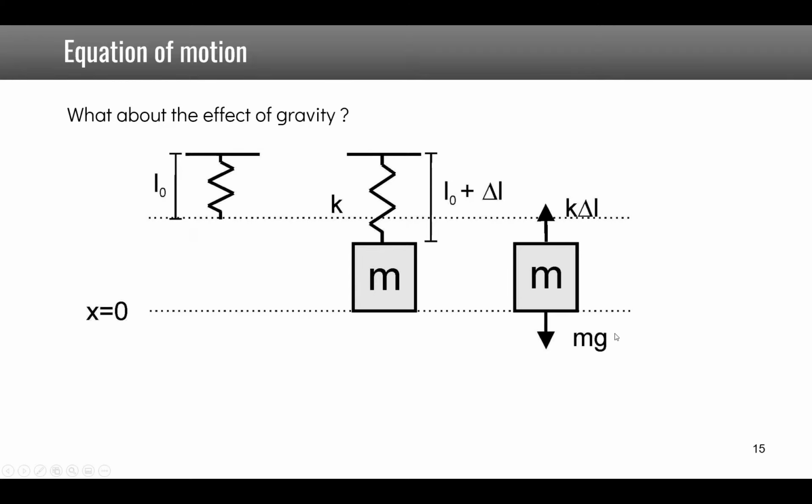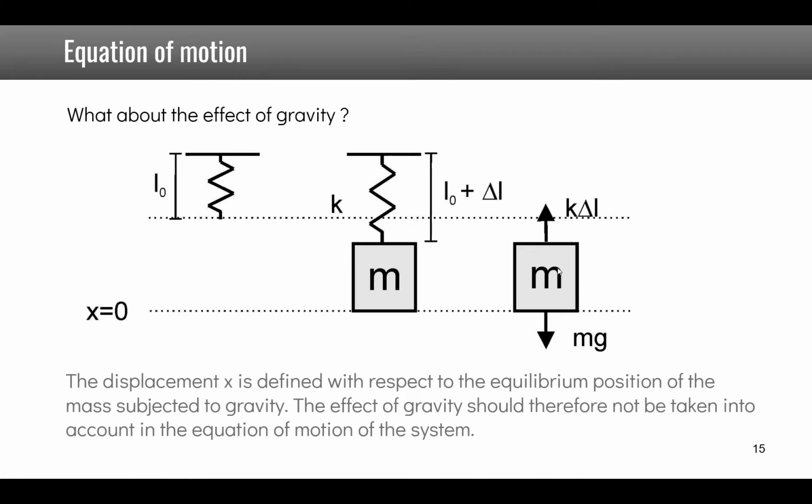So the force of gravity is compensated by this initial stretch. What we are looking at in dynamics is the motion of the body with respect to this equilibrium starting position, so gravity does not have to be taken into account because it is already compensated by the force of the spring when it is elongated.